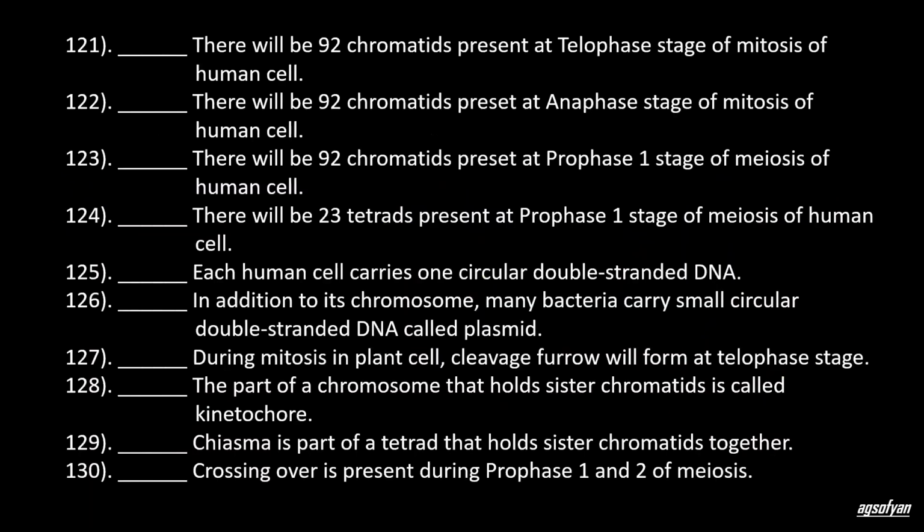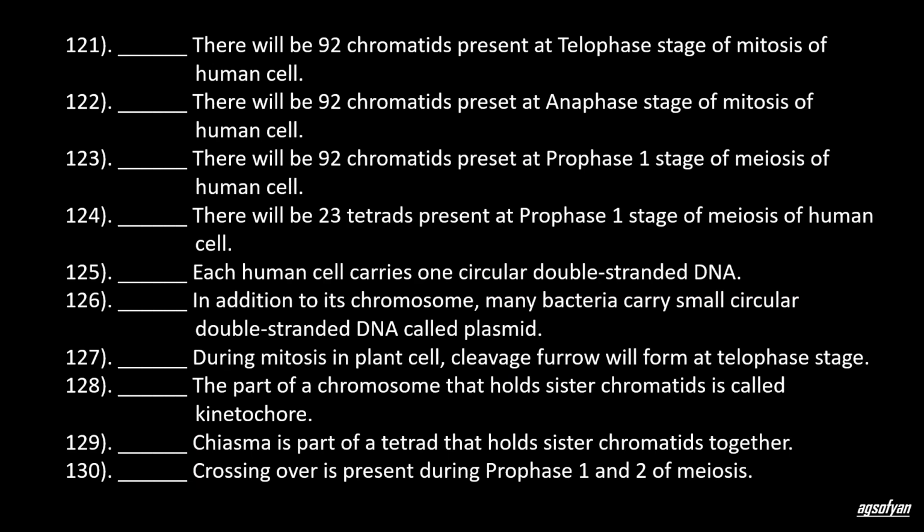Okay, for number 121 to 130, this will be true and false. 121. There will be 92 chromatids present at telophase stage of mitosis of human cell. True or false? It's going to be false.